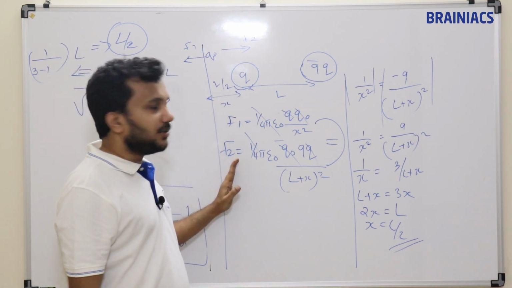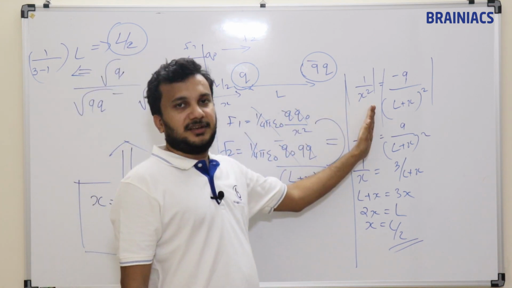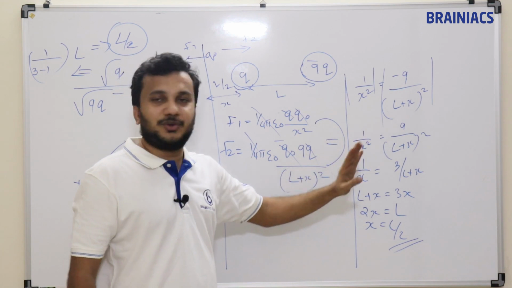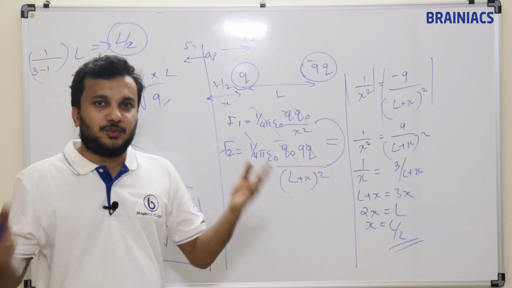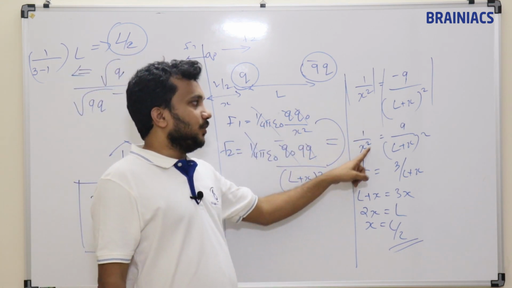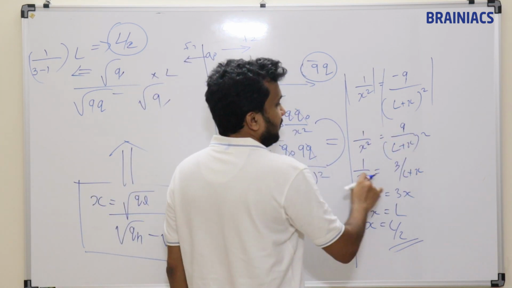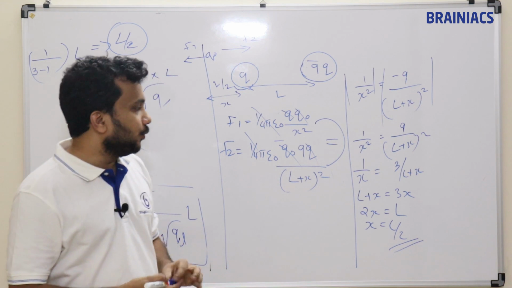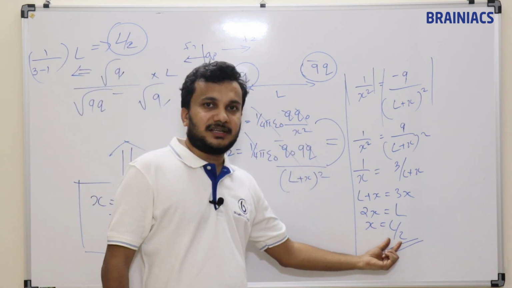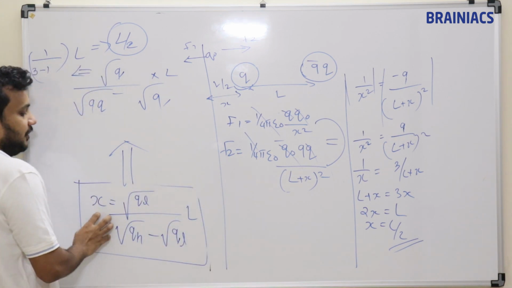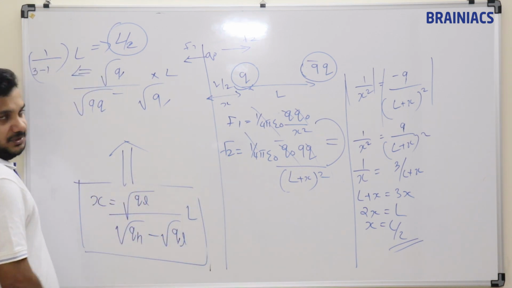So here itself you can take the modulus, or you can take it here itself. It's up to you. So 1 by x square equals 9 divided by (L plus x) the whole square. Taking the square roots on both sides and simplifying, we got x equal to L by 2. The same value you will get when you substitute in this formula.